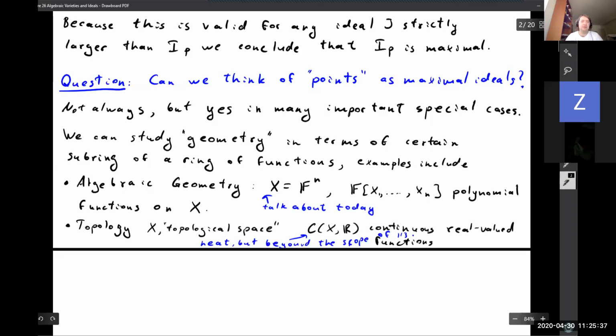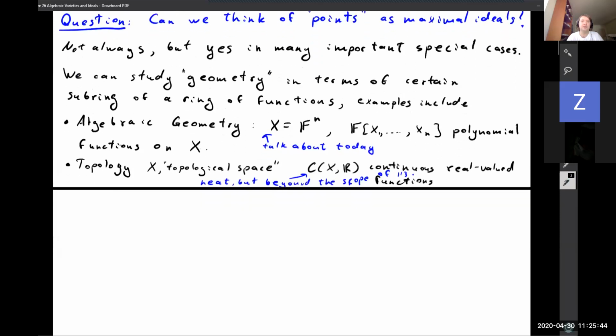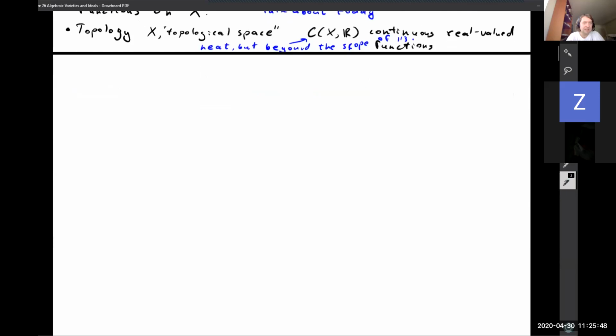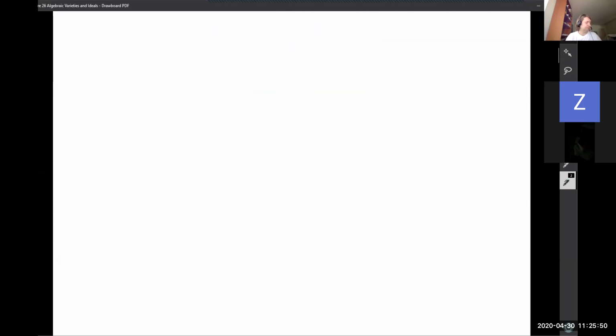Okay, but today we will stick with a simpler example, which is a little bit older, of the algebra of polynomial functions on n-dimensional space. Okay, let's talk about algebraic varieties and ideals.